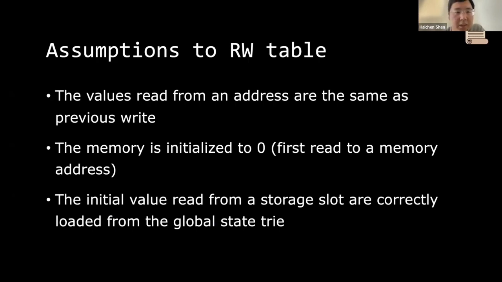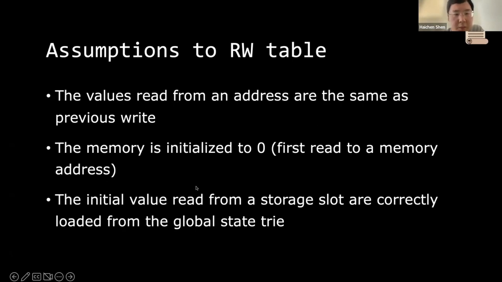But we assume that the value we read from an address is actually the same as the previous value you wrote into this address. So we only assume single records inside the RW table, but we didn't assume the continuity inside the RW table. This is one assumption you need to check for this RW table.